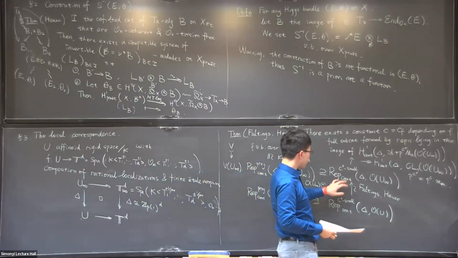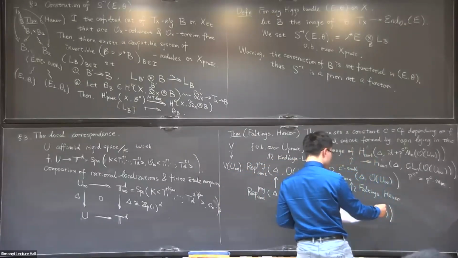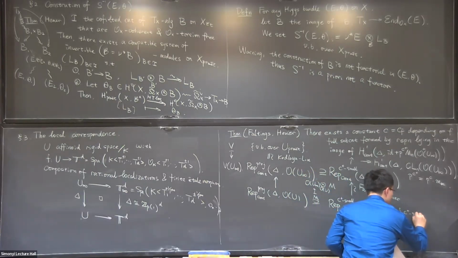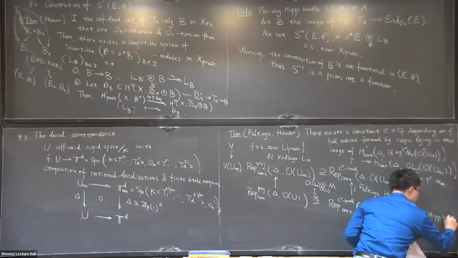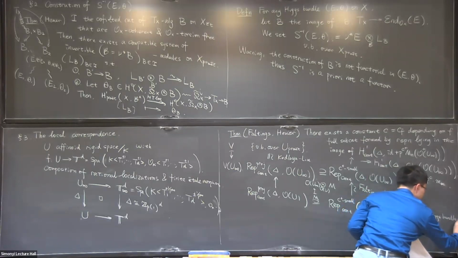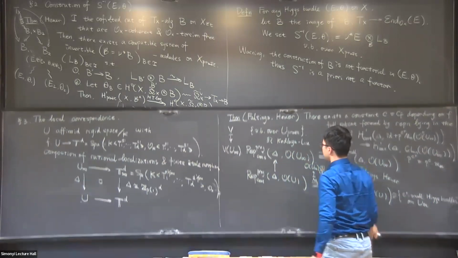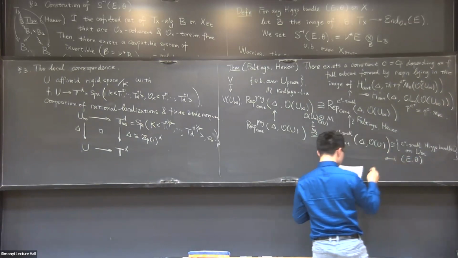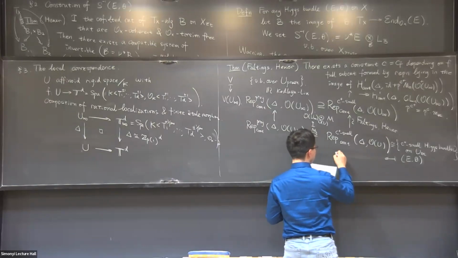Okay, so if we have such a descent theorem, then we can see easily that this is equivalent to c plus small Higgs bundles on U eta, by sending a Higgs bundle to, so I keep this bundle here.